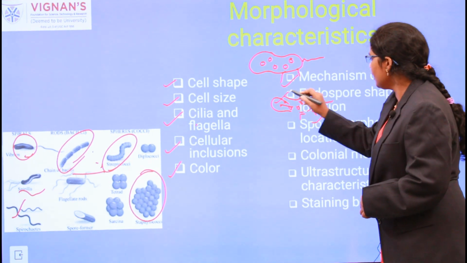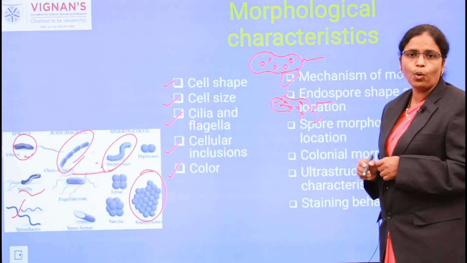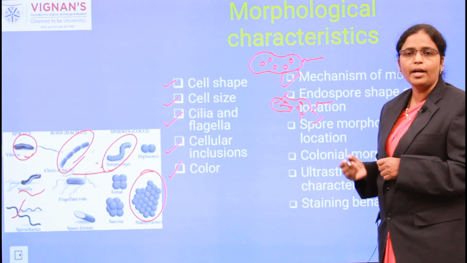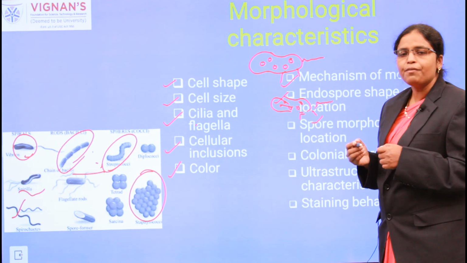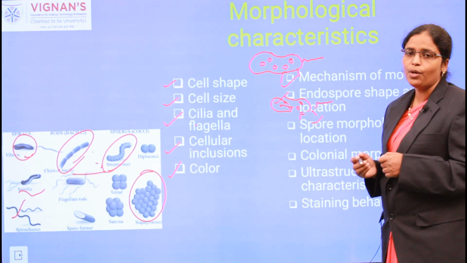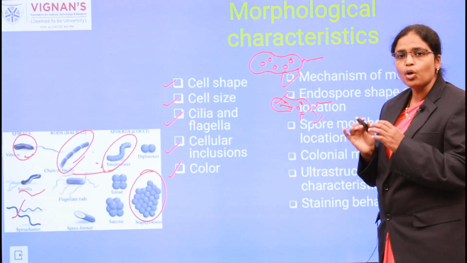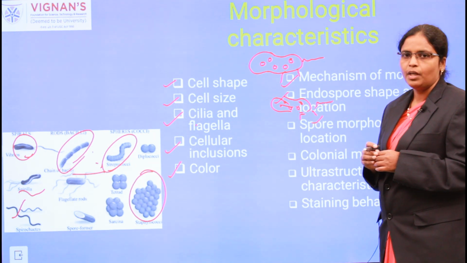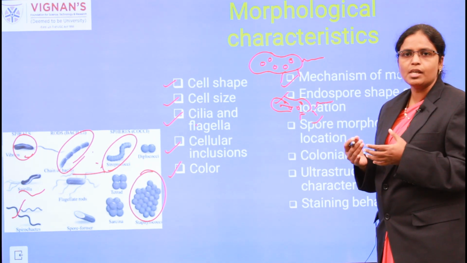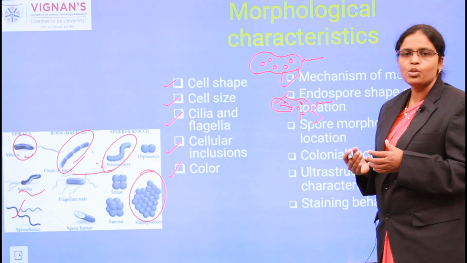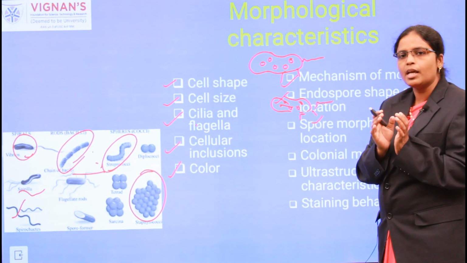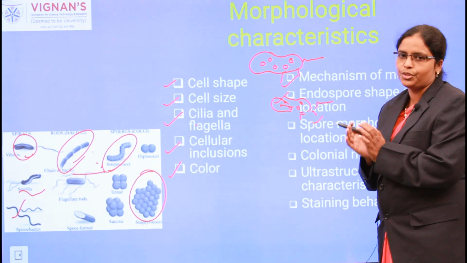And next, another feature is the endospore. Endospore and location. Endospores are nothing but dormant structures formed whenever conditions are unfavorable. So the bacterial cell forms the endospore structures.